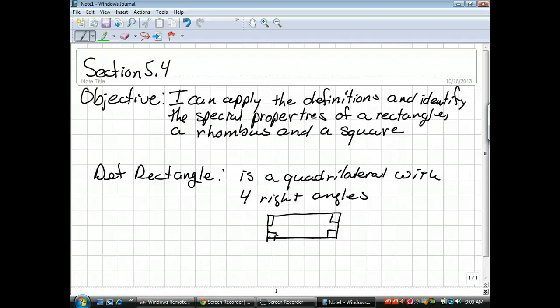Therefore, the rectangle is a parallelogram. So a rectangle is also a parallelogram.